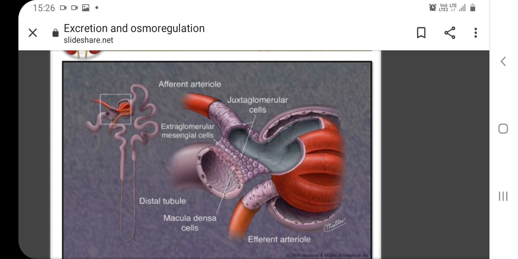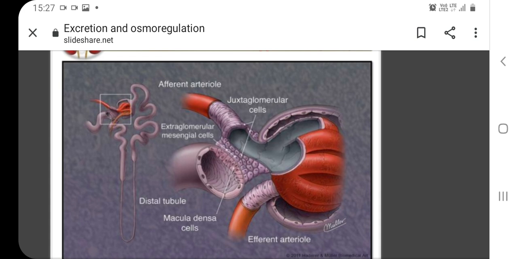So in this picture we can see how the proximal and distal tubules are close and how the cells of distal tubule called the macula densa and the juxtaglomerular cells of the efferent arterioles are close, forming the juxtaglomerular complex.